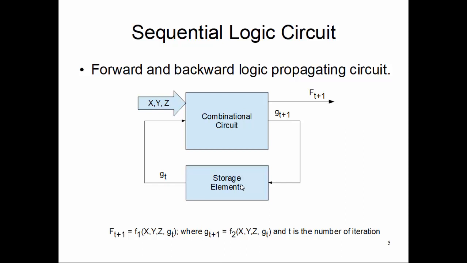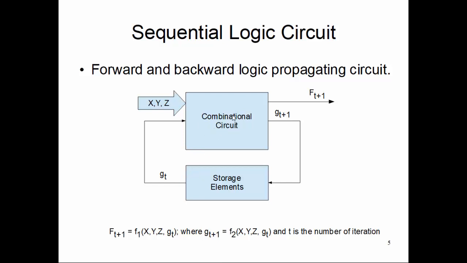Okay, while for the 10th iteration, it is not only XYZ but also GT, some artifact of the result of 9th iteration at the stage of the 10th iteration. So that's what the GT is.